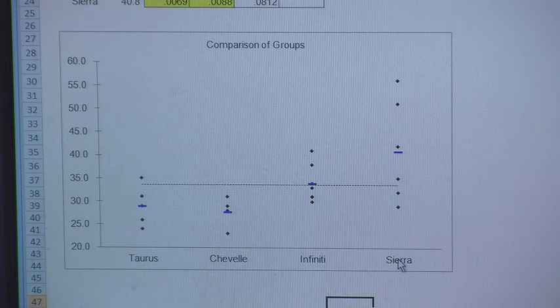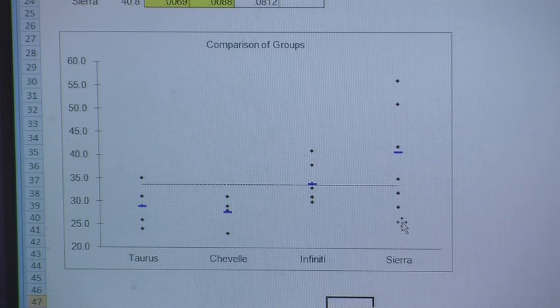If one of these vehicles had no within-group variance, all of these little diamonds and the bar for that column would all be affixed together. But you can see how variable the data are for each of the vehicles based on the dispersion, or the spread, of the diamonds.